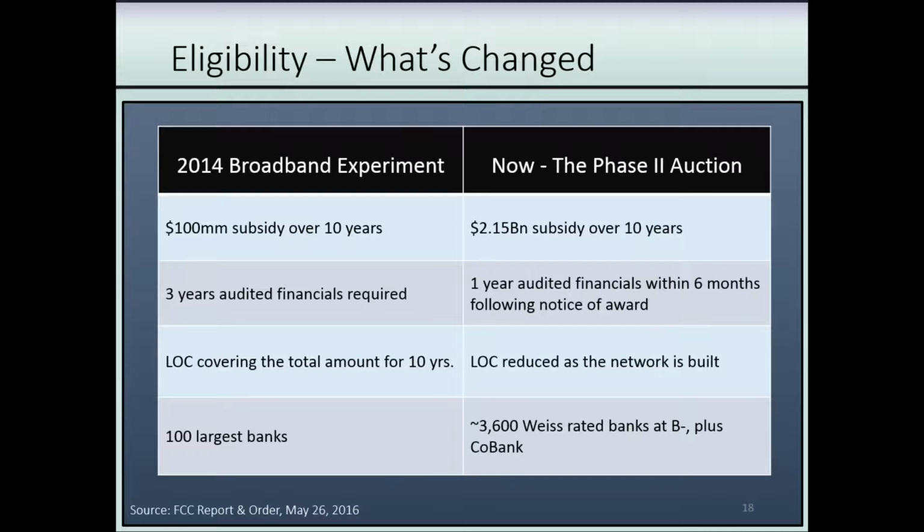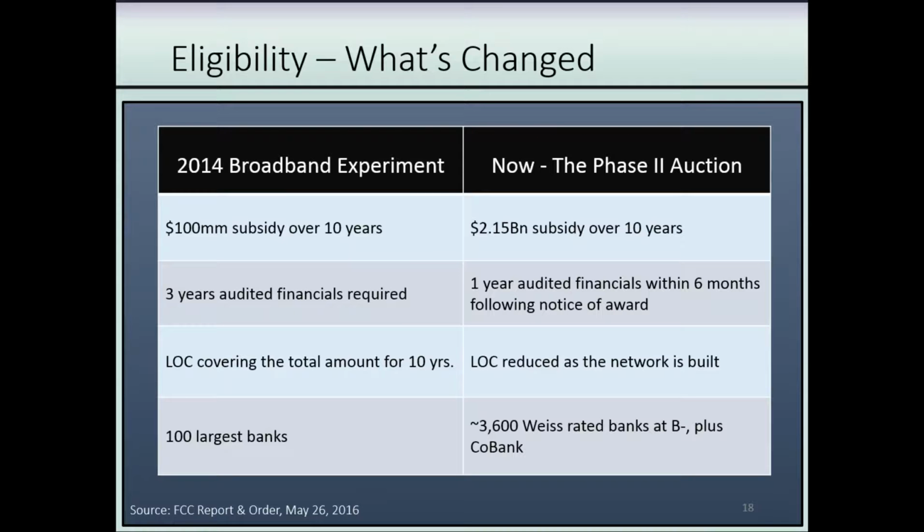Many of you, I'm sure, are aware of what happened in the rural broadband experiment. There were some wins, there were some losses, there were some unexpected outcomes. There were people that put in a lot of time and effort and thought that they were going to be awarded funding. They were named a provisional winner, but it was an experiment.